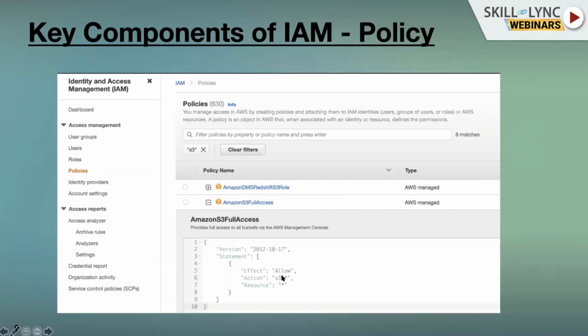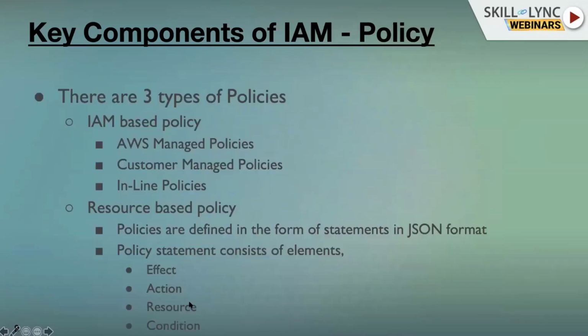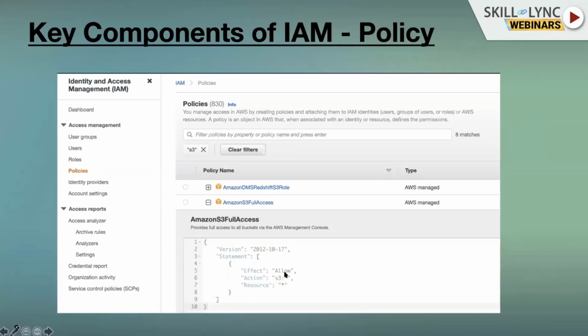Within the statement, we have four important parameters, as I mentioned in the previous slide: effect, action, resource, and condition. Effect has two possible values, either allow or deny. If you want to allow something, you write allow; if you want to deny something, you write deny. Action is what you can call an API call or action.